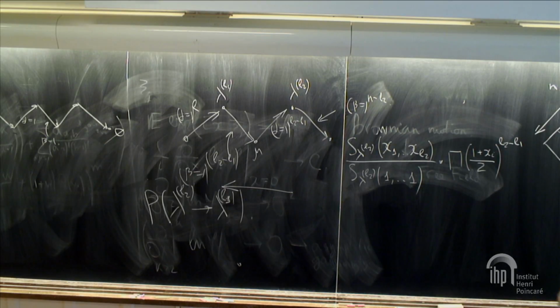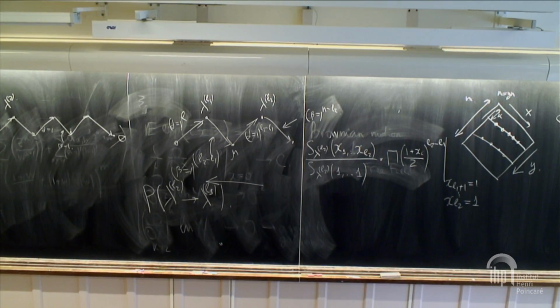Then you need to set some of them equal to 1, namely, you want to arrive at L1 variables afterwards. So you set x L1 plus 1 equal to 1, etcetera, x L2 equal to 1. So L2 minus L1 variables are getting set to 1.